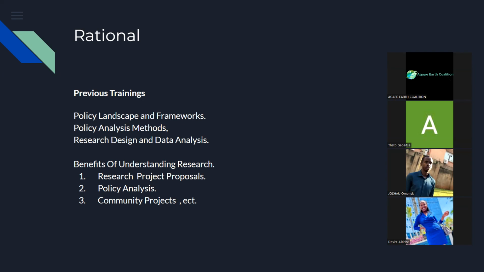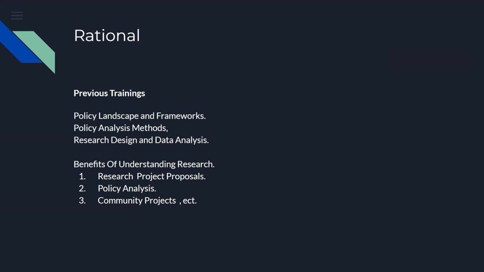Yet these are one of the simplest grants to get, because you just make up a proposal, apply and get a research grant, and you carry out your research in your community. But if you don't know any concept about research, it will be hard for you to contextualize what this proposal would like you to write about, and how you can be eligible. So that's one of the reasons why this call is going to be important to most of you who are advocates in climate justice.